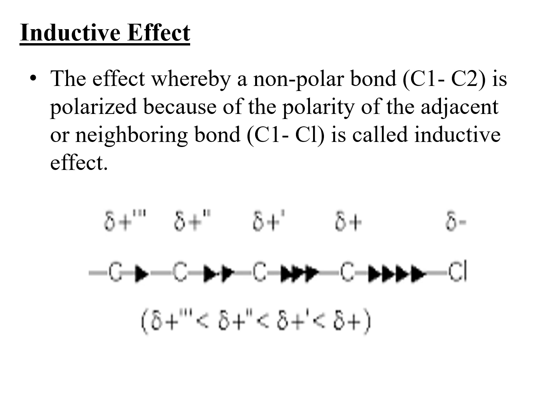So because carbon and chlorine is polar, the carbon-carbon that is non-polar becomes polar because the neighbor is polar. That is why we can see in that structure that the farther away this carbon is from the carbon-chlorine, the lower the polarity. So the closer the non-polar bond to the polar bond, the more polarized.